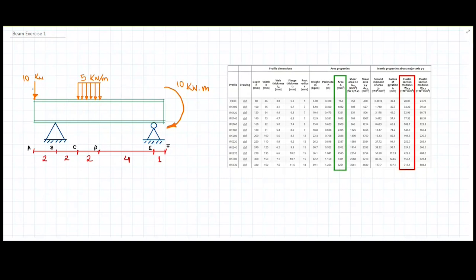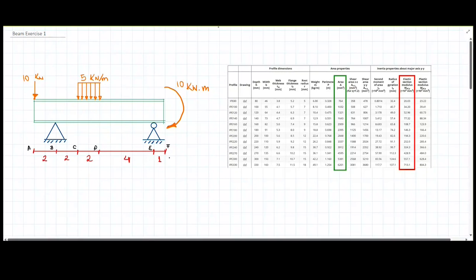We have a point load of 10 kilonewtons, a distributed force of 5 kilonewtons per meter, and a bending moment at the end of the beam, which is in total about 11 meters. This moment is 10 kilonewtons per meter. Then we need to select the beam profile that could withstand these forces without yielding, basically.